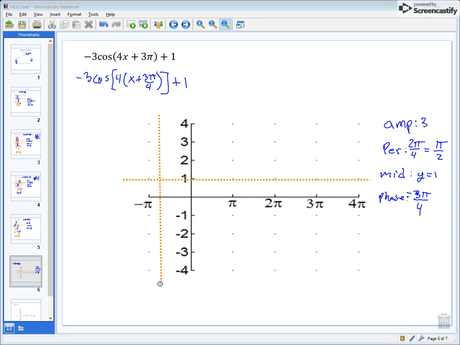So that's 3/4 of pi, about right in here. And then we have a period of half of pi. So half of pi would put us right in here. From the midline, we have an amplitude of 3. So that's up here, it's 4, and down here at negative 2.